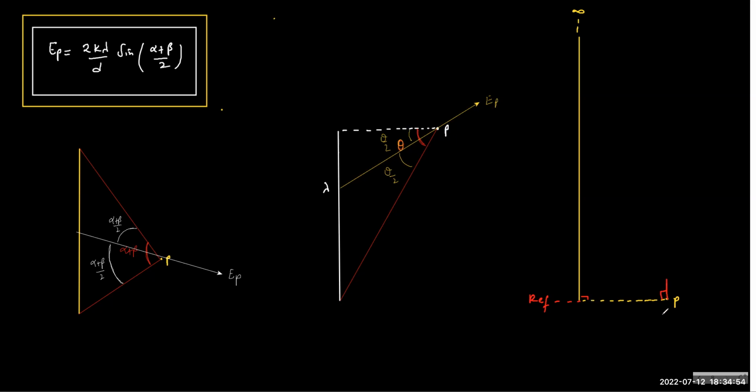So the net electric field at the point P will again be the angle bisector. Do you realize this? But this time it will be exactly 45 and 45. Understand?